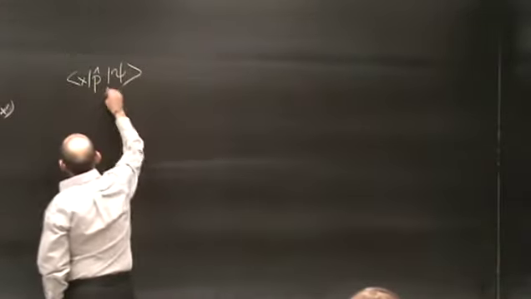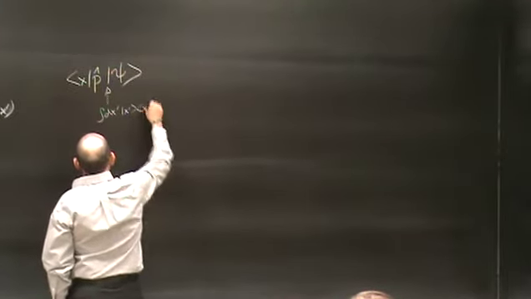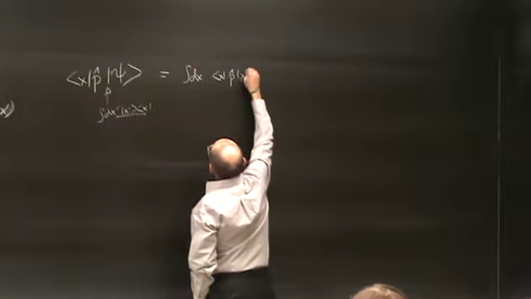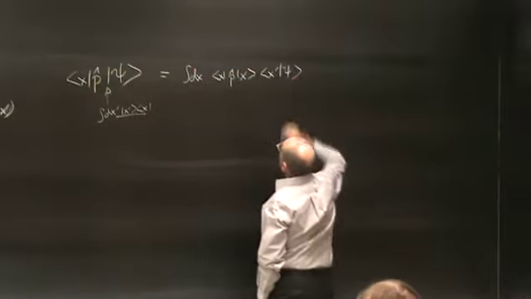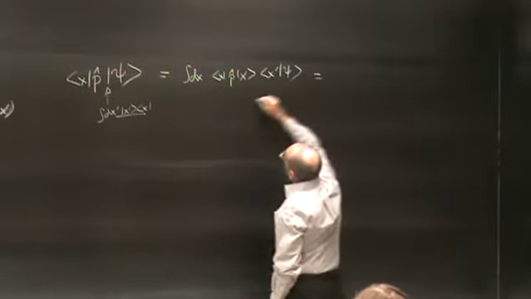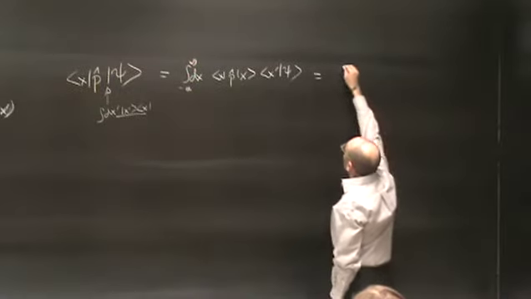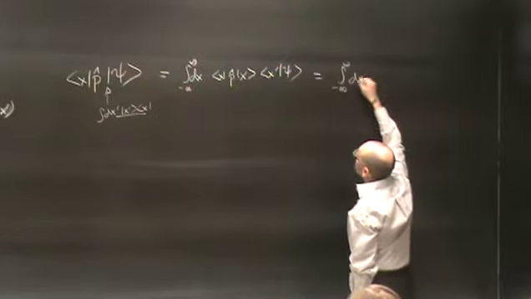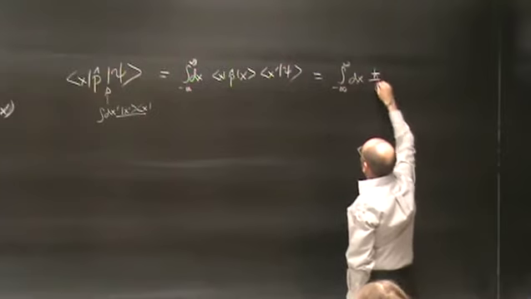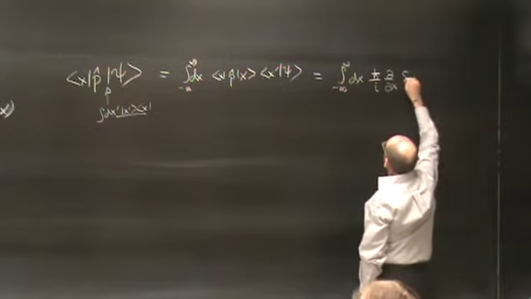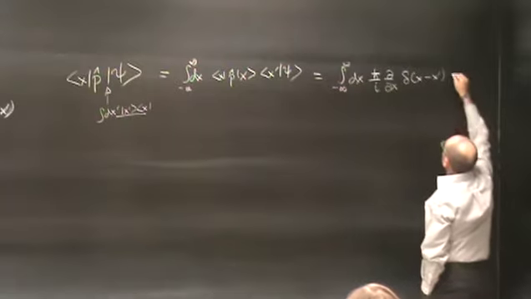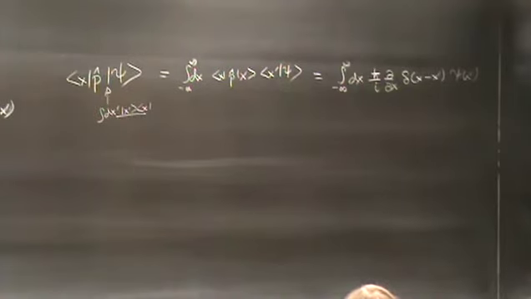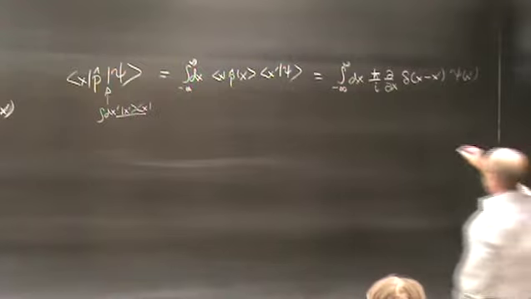And again, if I now insert a resolution of the identity, this is equal to the integral of h bar over i, the partial derivative with respect to x, of delta of x minus x', times psi of x'. Now this derivative is acting on this.